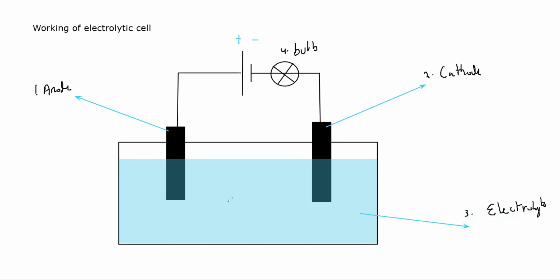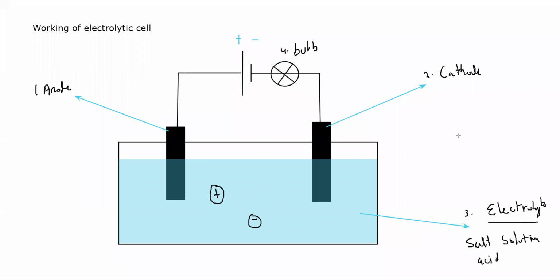The common electrolytes we use are salt solutions or acids. Why do we use salt solutions or acids? Because salts are ionic compounds, so when you add them to water, they dissociate into charges.